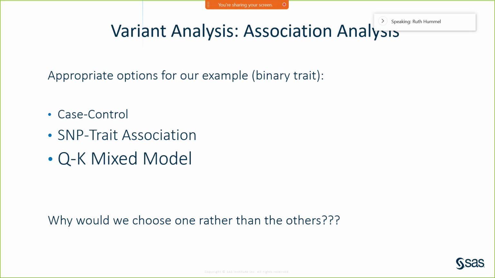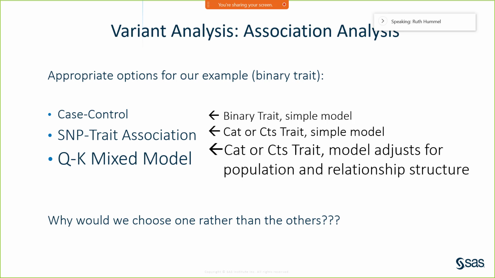A simpler version of that is called a SNP trait association, and an even simpler version of that is called a case control analysis. The case control analysis is just, I have to have a binary trait. It's a very simple model, and it has to be a binary trait. So a binary trait would be that I have a case and a control. I can't have 3 levels. I can't have various progressions of a disease. It has to be yes or no.